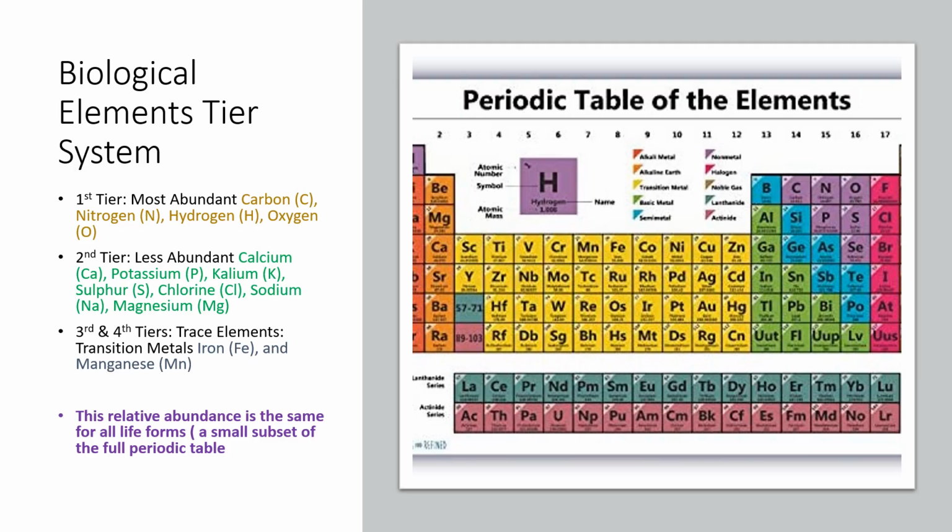The second tier means that they are less abundant than the first, and these would include calcium, potassium, kalium, sulfur, chlorine, sodium, and magnesium. The third and fourth tiers are trace elements, and transitional metals, iron, and manganese are amongst this group. This relative abundance is the same for all life forms, a small subset of the full periodic table.